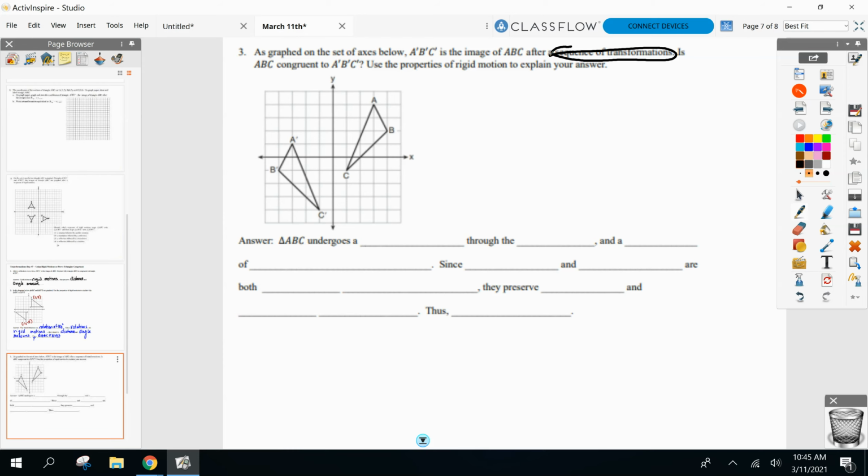Wait, are there multiple ways to do this? I'm sure a lot of people just do 2, but you could maybe do 3 or 4 transformations that get them on top of each other.